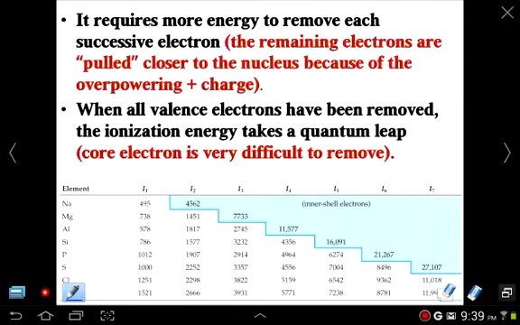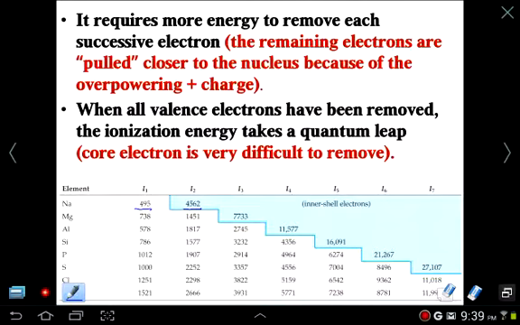If you take a look, we have here a graph, and what they've done is they've actually separated the place at which the amount of ionization energy jumps enormously. So if you take a look, sodium's first electron is about 495 kilojoules per mole, but then it jumps tenfold almost to 4,500.